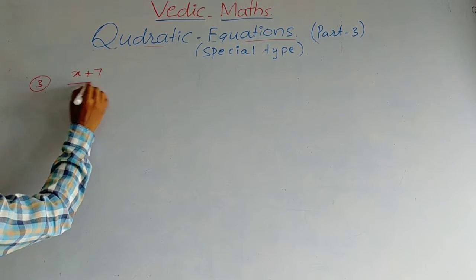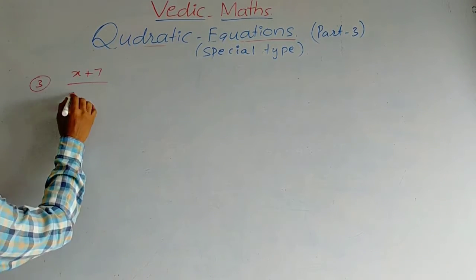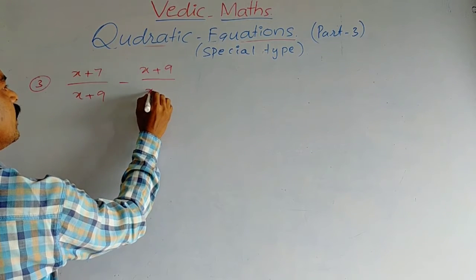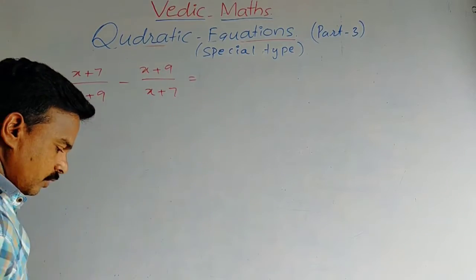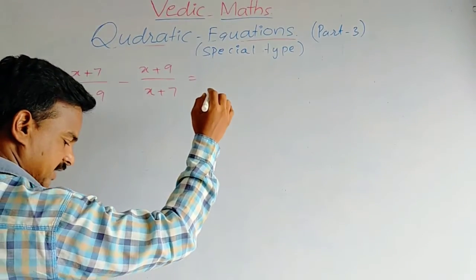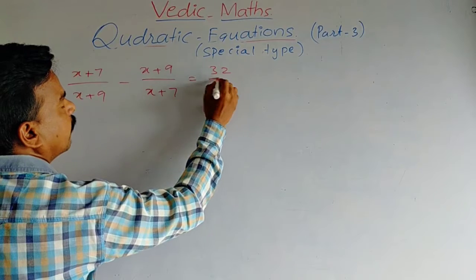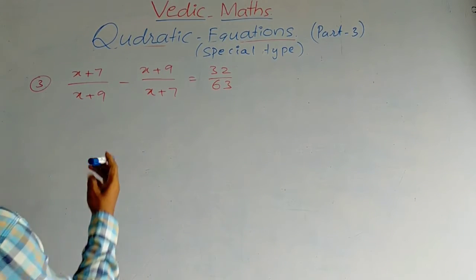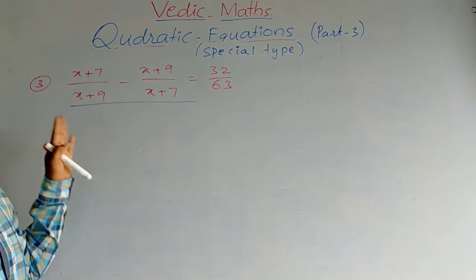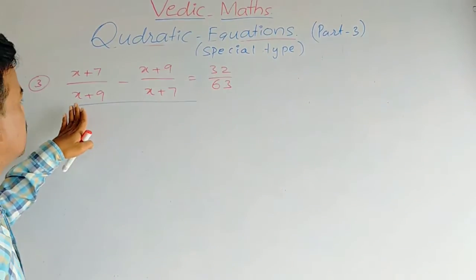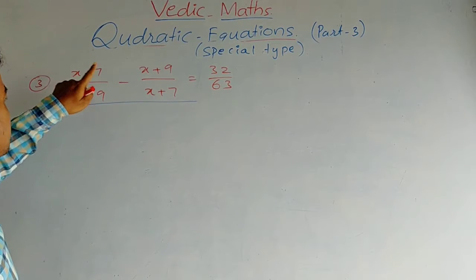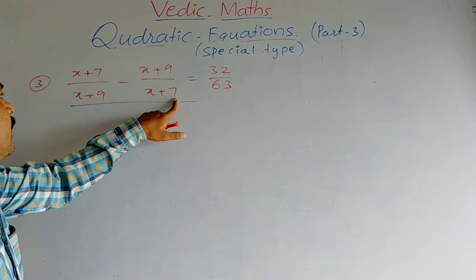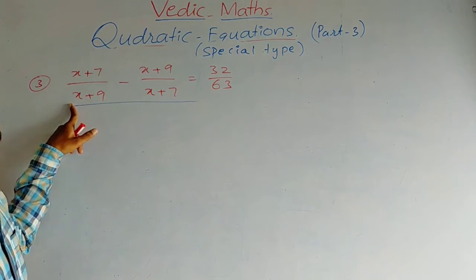x plus 7 by x plus 9 minus x plus 9 by x plus 7 is equal to 32 by 63. Now you observe the left hand side. x plus 7 by x plus 9 and x plus 9 by x plus 7 are reciprocals of each other.